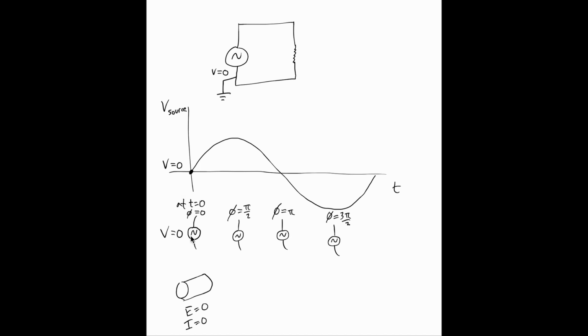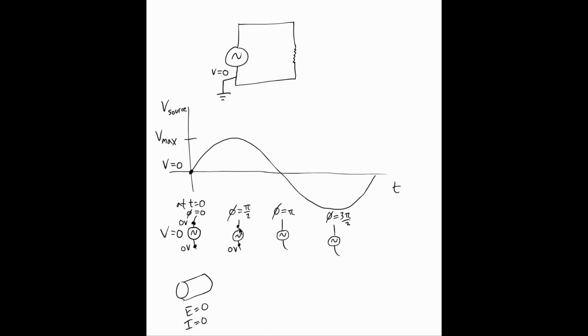So when we're at a phase of 0, we've got 0 volts on this side of the source, and we'll have 0 volts on the other side of the source as well. But what about when we get to this peak of the voltage? That could be called V peak or V max. When that happens, we're still going to have 0 volts on this side of the source because it's connected to the ground.